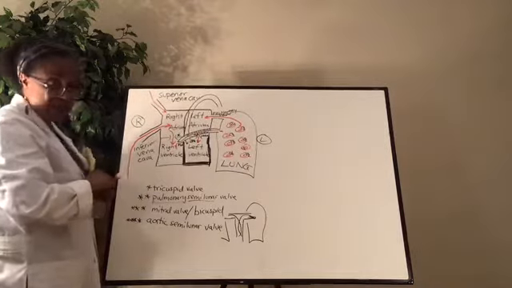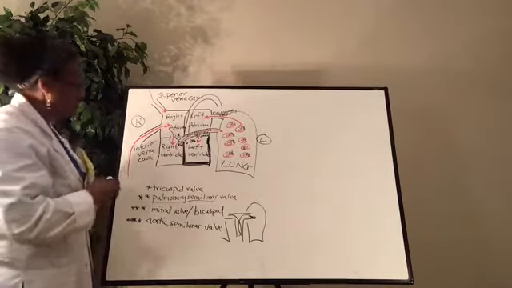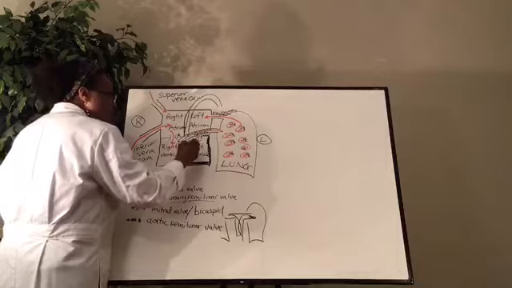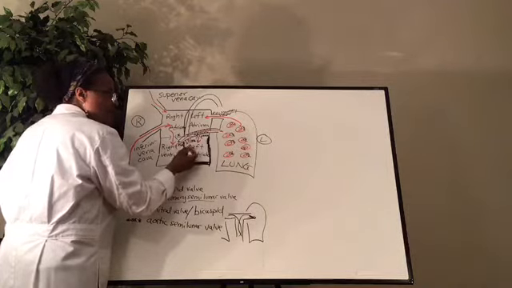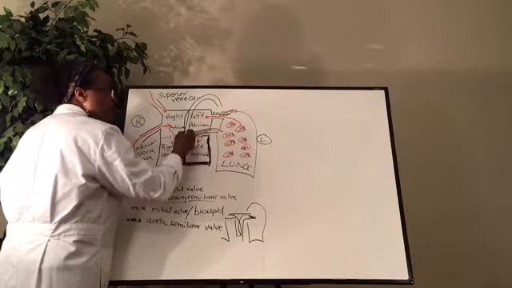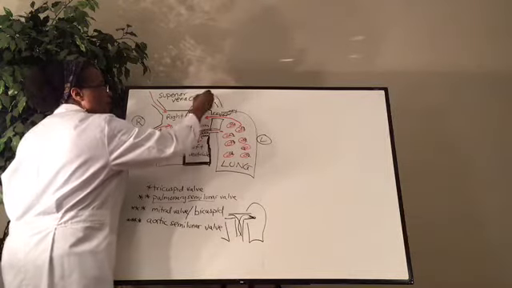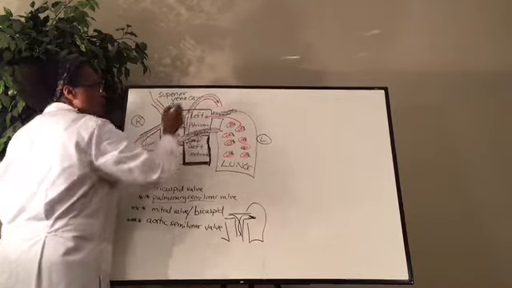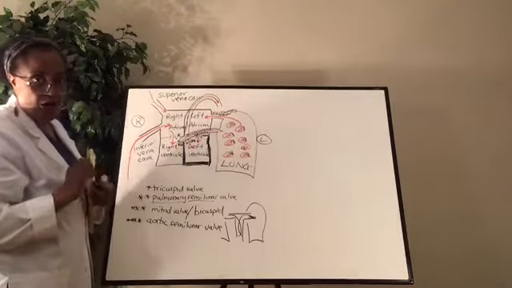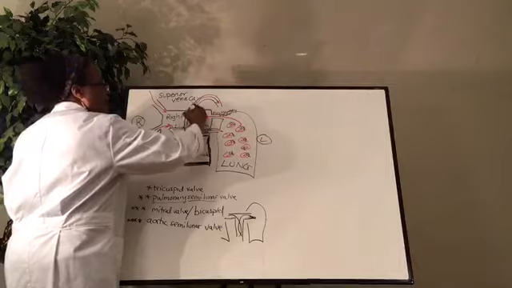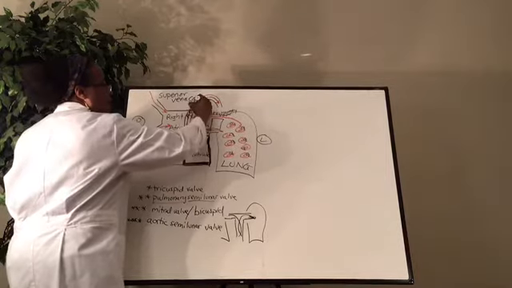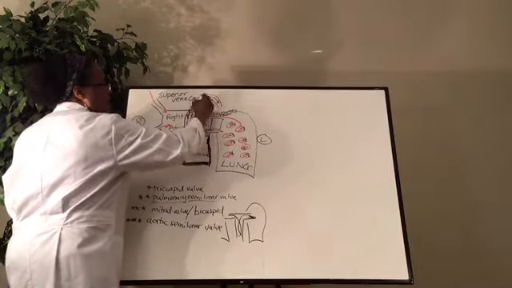This left ventricle is thick-walled. Its job is to push all the blood through this valve here, the aortic semilunar valve, all the way up through this huge, huge artery known as the aorta. Largest artery in our body, the aorta.